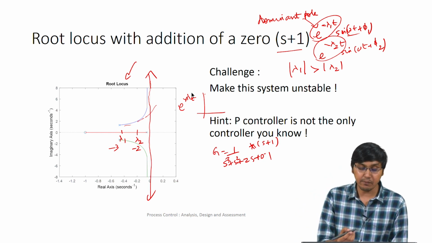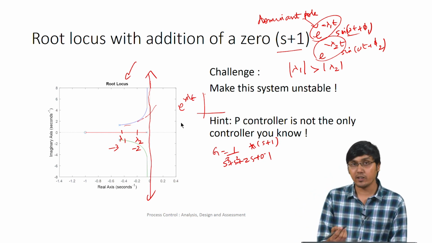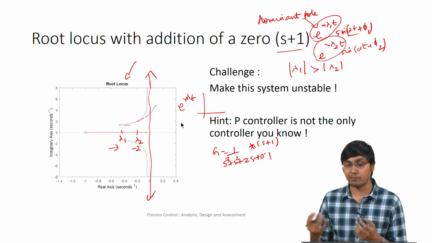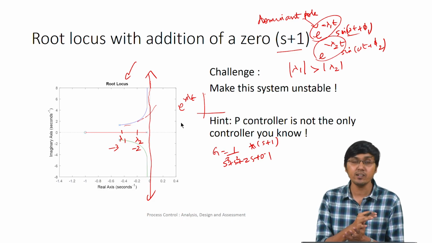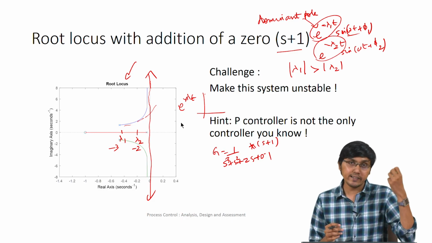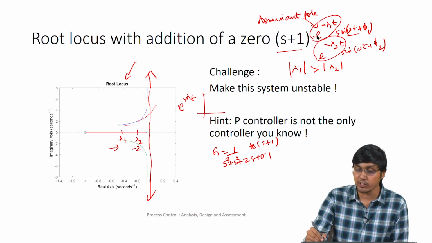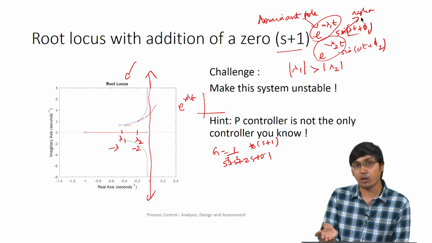So for the same time, e power minus lambda 1 t would be a very small value when compared to e power minus lambda 2 t, because lambda 1 is greater than lambda 2. Lambda 1 is going to pull the value down so fast as time increases. So this is going to die down fast. So when compared to lambda 2, lambda 1 we can neglect. So lambda 2 is the dominant pole.